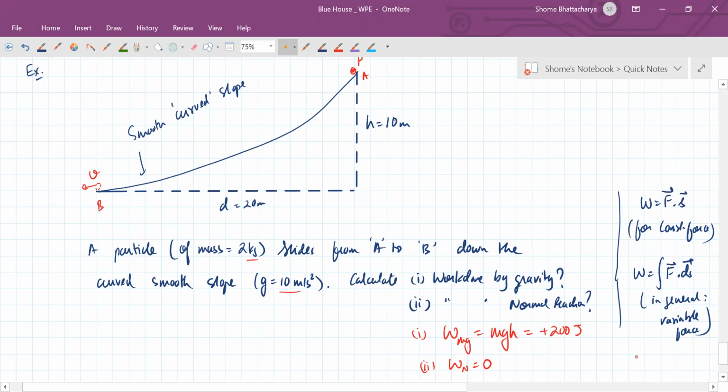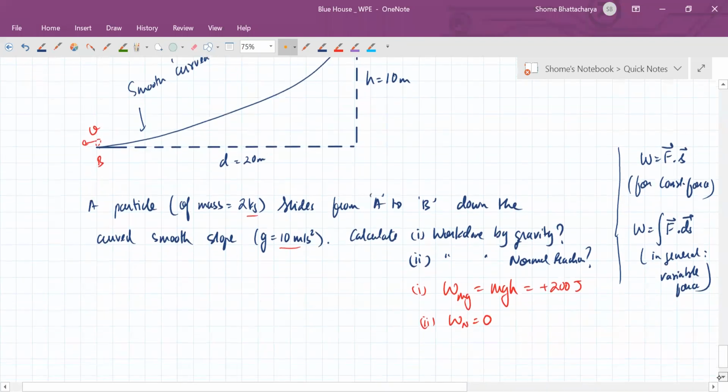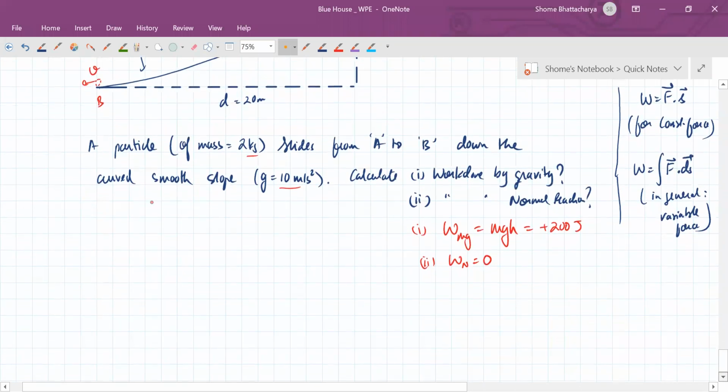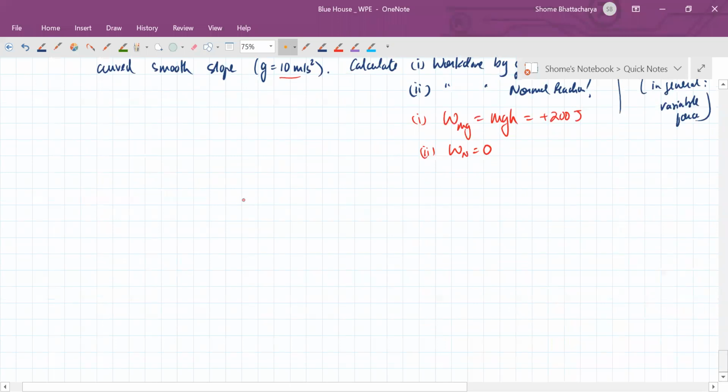Now let's understand why that happens. The way we calculate each one will be different. What we have to be mindful of here is that mg, or weight, will be a constant force.